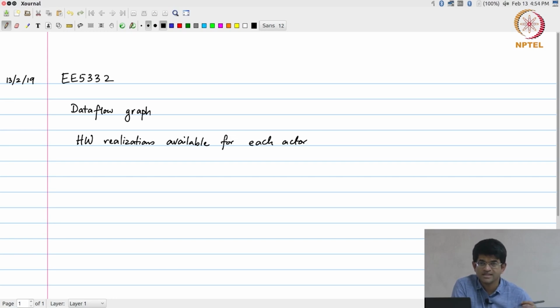Now this is an assumption which in turn will impact the estimates of the iteration period bound that you get. The iteration period bound is the minimum iteration period that can be implemented for a given data flow graph, assuming that you have infinite amounts of hardware.